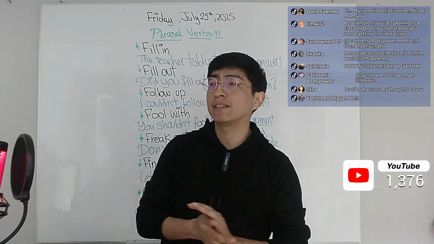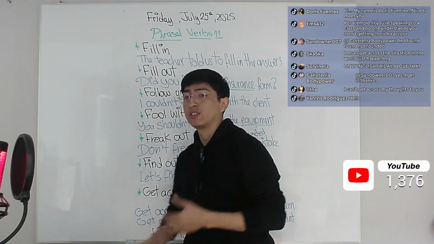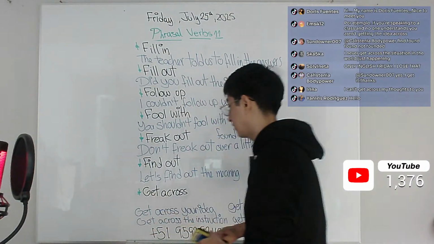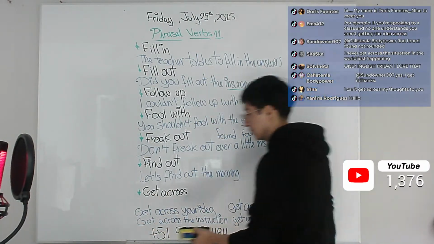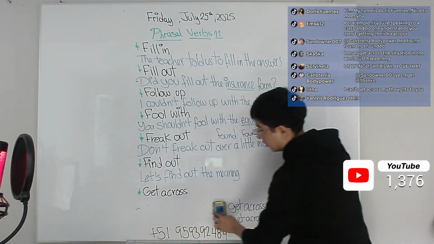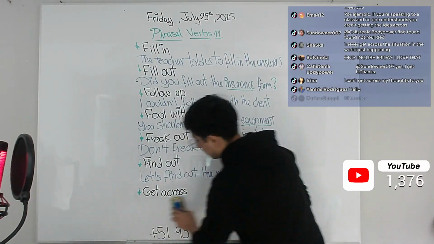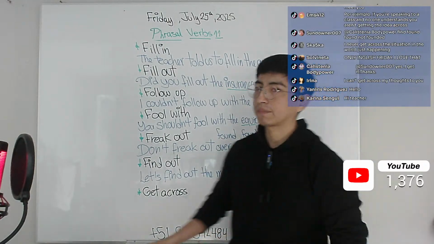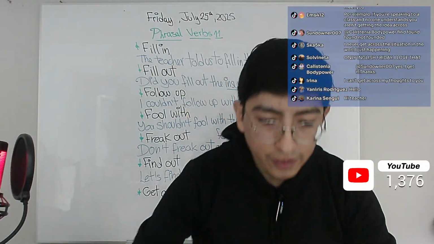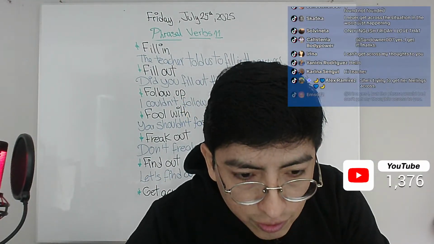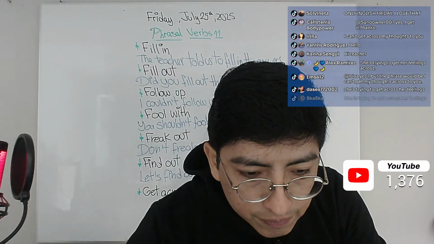Listen and write this sentence. She's trying to get across her feelings. Sorry, her feelings. She's trying to get across her feelings.